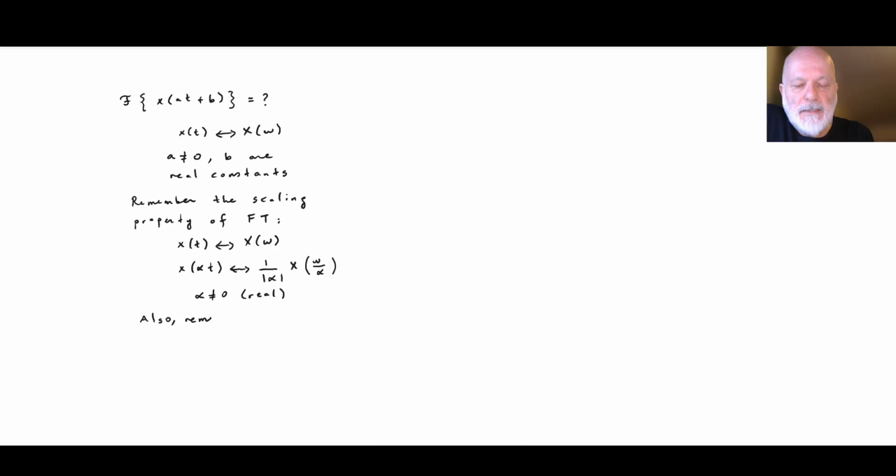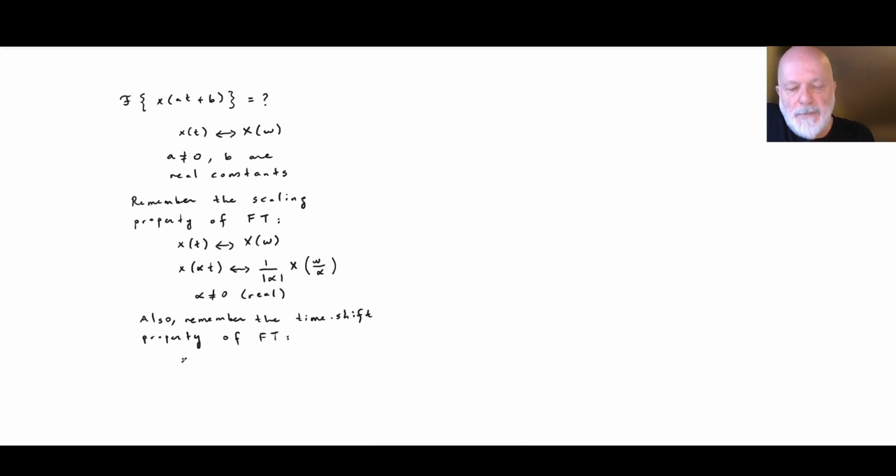Okay. Also, remember the time shift property of, again, Fourier transform.